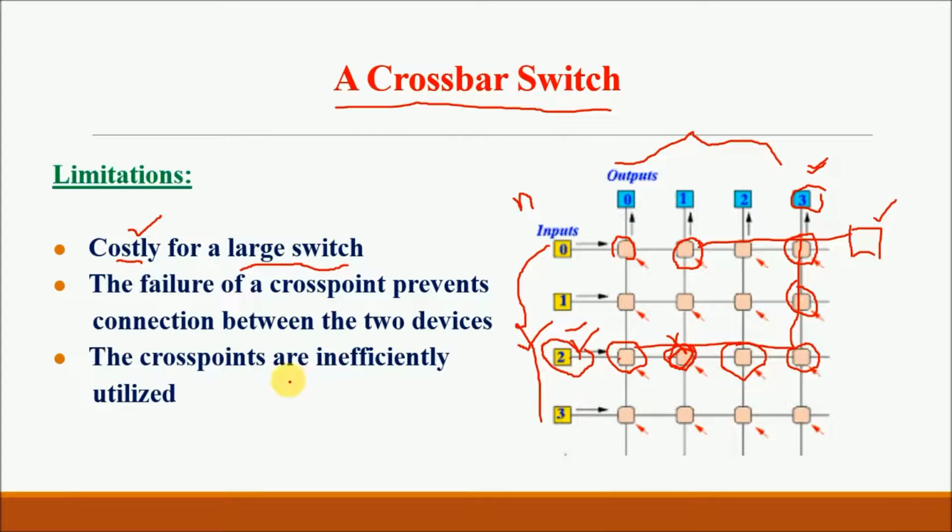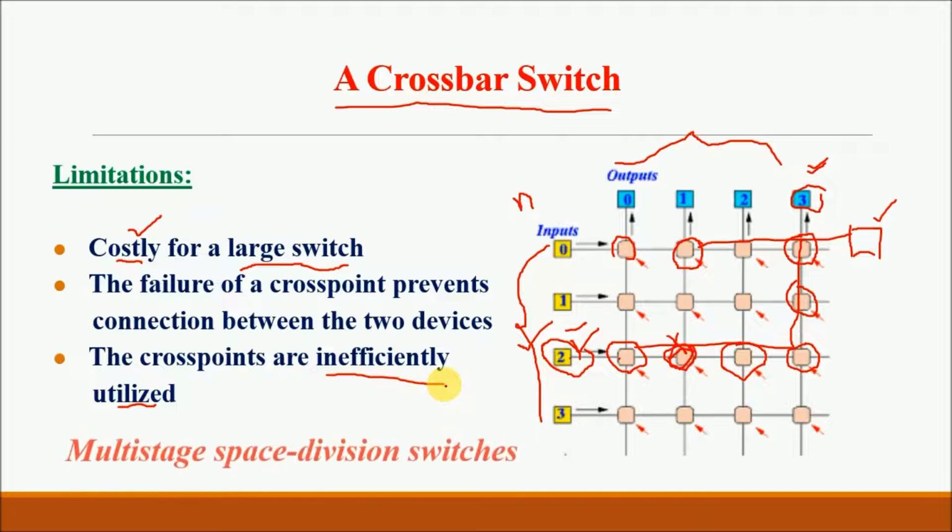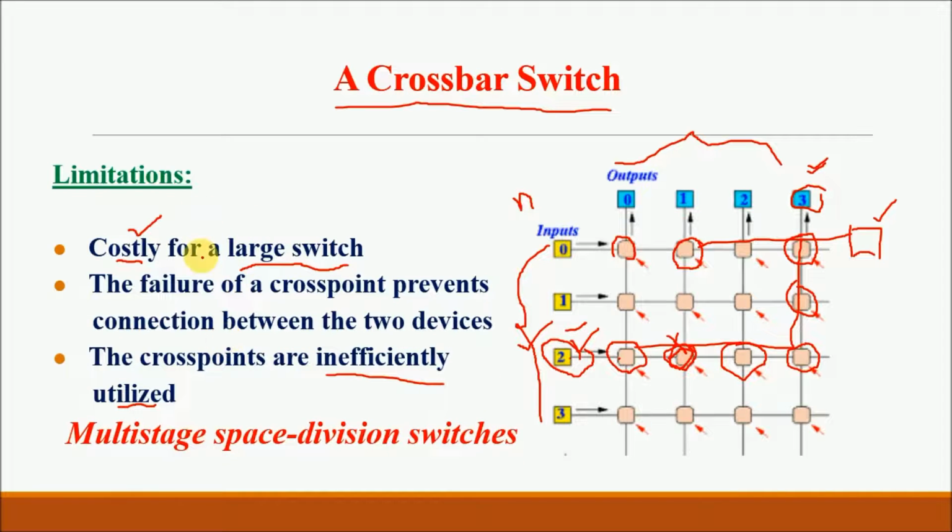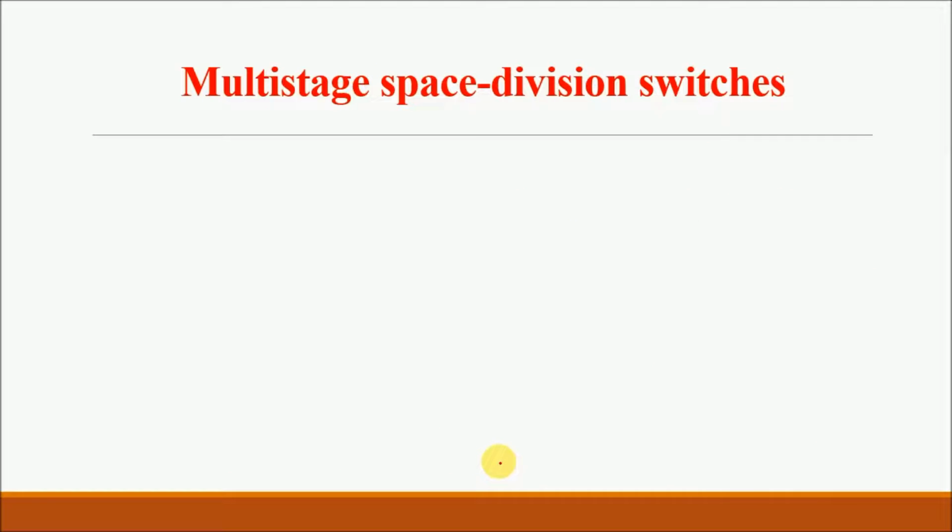The other cross points will not be utilized. That's why they are inefficiently utilized. Then to overcome these things, we can use multi-stage space division switching.